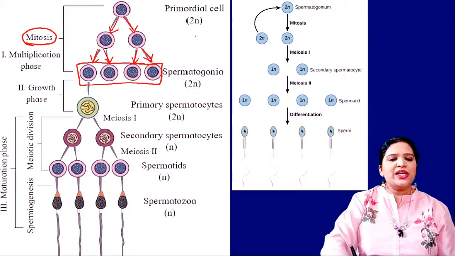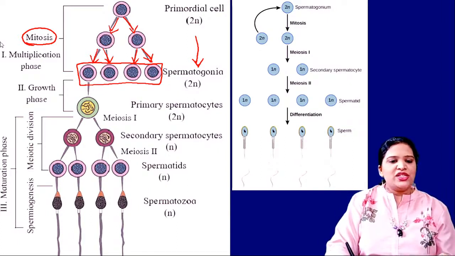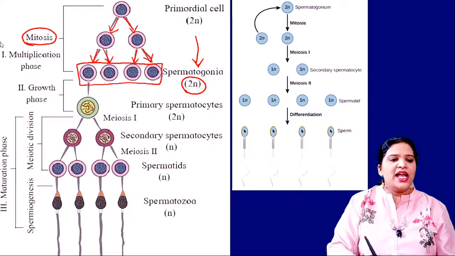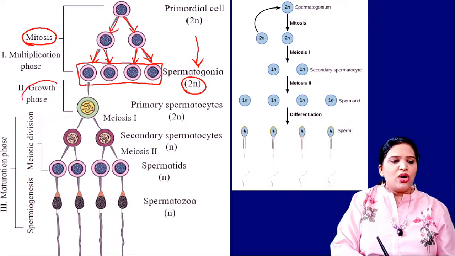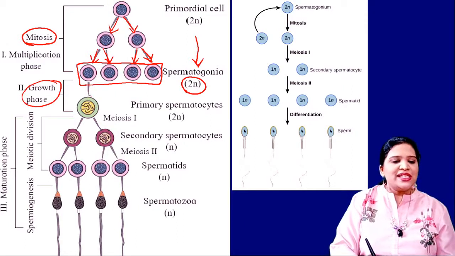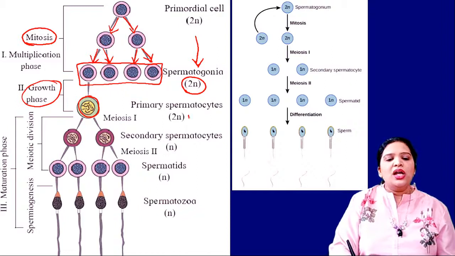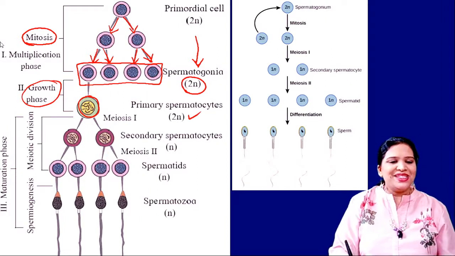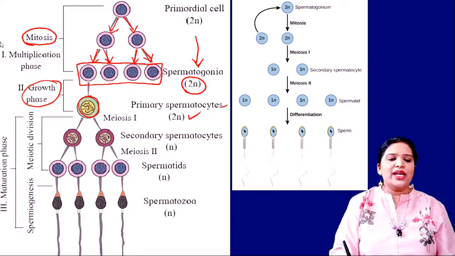Primordial germ cells become spermatogonia, that means the sperm mother cell. So here there is no reduction in the number of chromosomes. Then the second phase is called growth phase, where the spermatogonia increase in size. Here also reduction is not there, the same number of chromosomes is maintained. This is called primary spermatocytes.